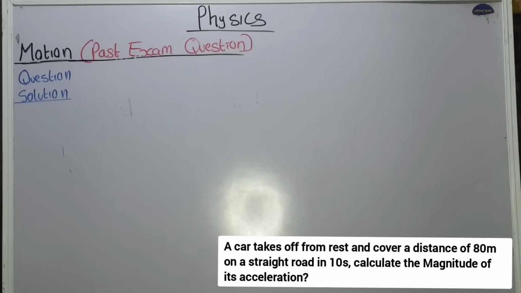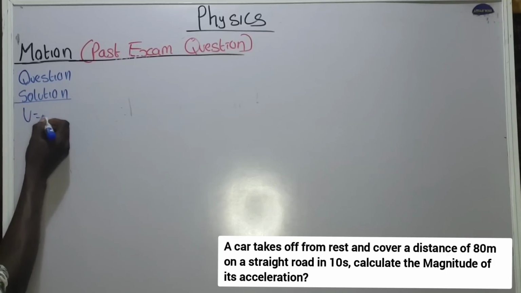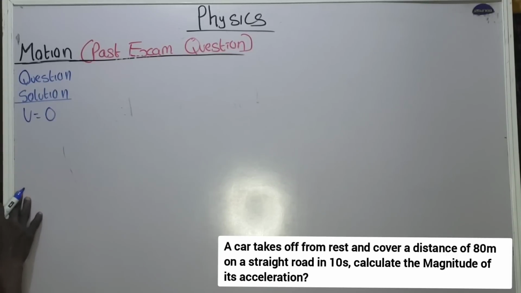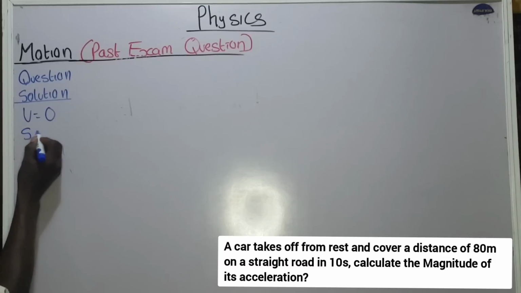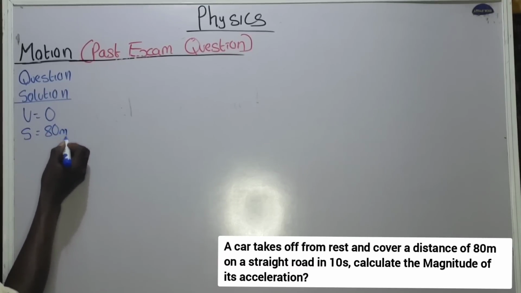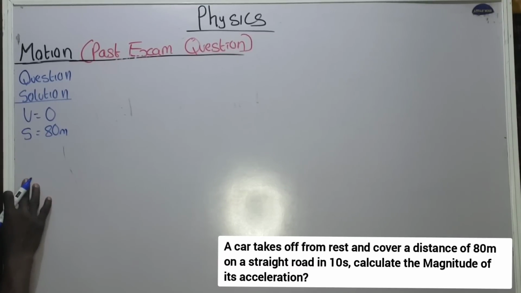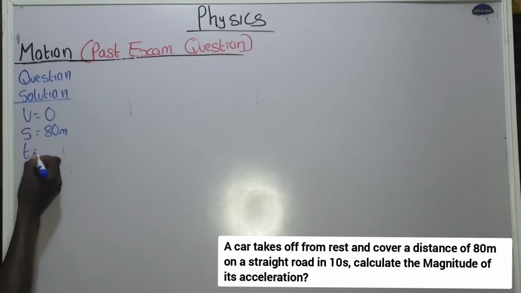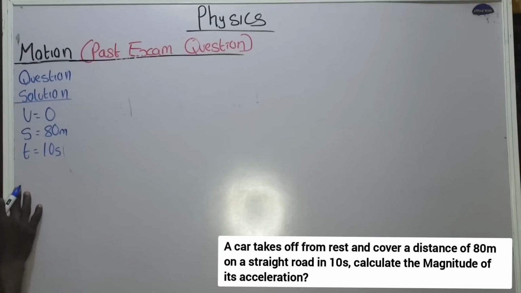So we've learned in our previous class that if a car takes off from rest, that means that the initial velocity of the car is 0. So in this case, u equals 0. You understand? Okay, and covers the distance of 80 meters. So s equals 80 meters. You understand? On a straight road in 10 seconds. So t equals 10 seconds.